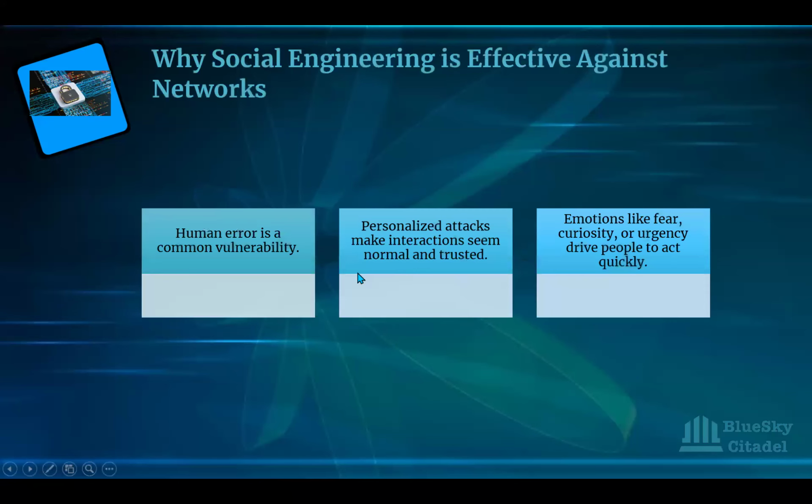Okay? And why is social engineering effective against networks? Like I said earlier, human beings are vulnerable, and human error is a common vulnerability. Anything that is human, there's 101% that errors can be an opening to a weakness that can be exploited.